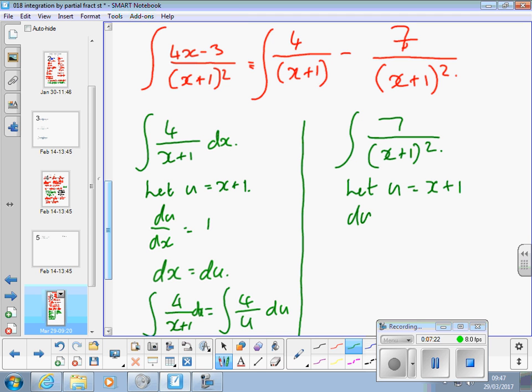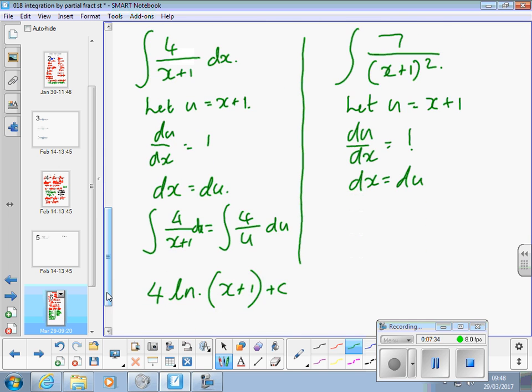Then we can differentiate, du by dx is equal to 1, dx is equal to du. So nothing different so far. But now we write this integral of 7 over x plus 1 squared dx is equal to the integral of 7 over u squared du. Yeah?